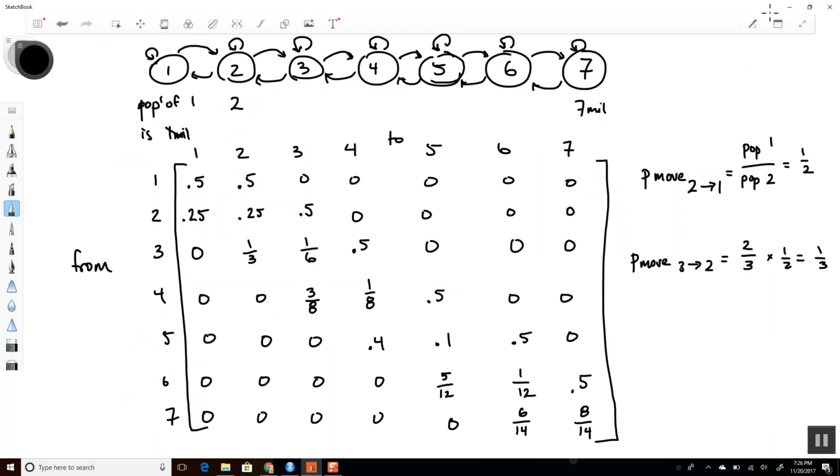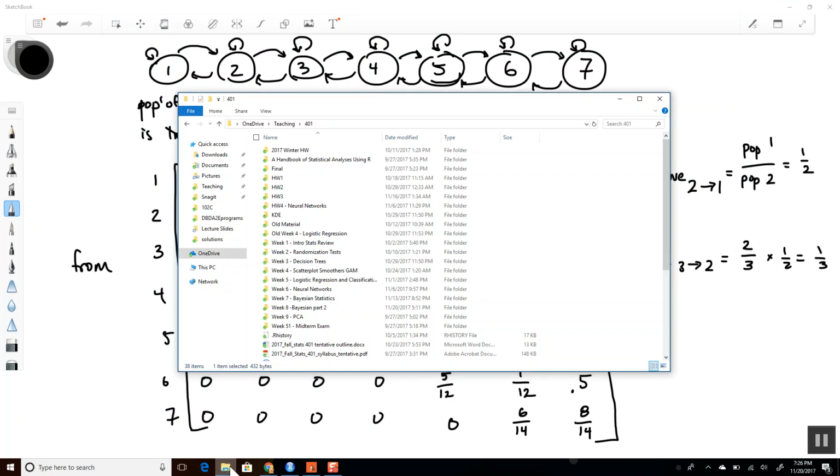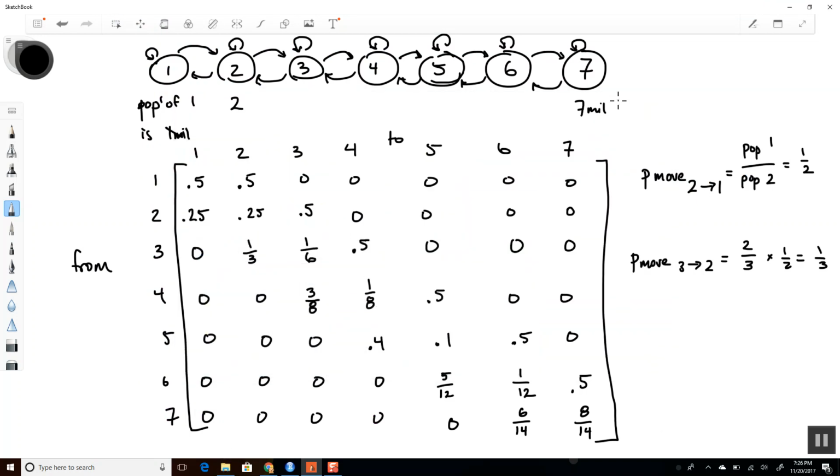If we set this up and calculate the eigenvectors of this transition matrix, we would get an eigenvector that is proportional to this thing. Oh, it's already 7:30. Okay, why don't we take a break, and during the break I'll code this up, so you don't have to sit and watch me type this.